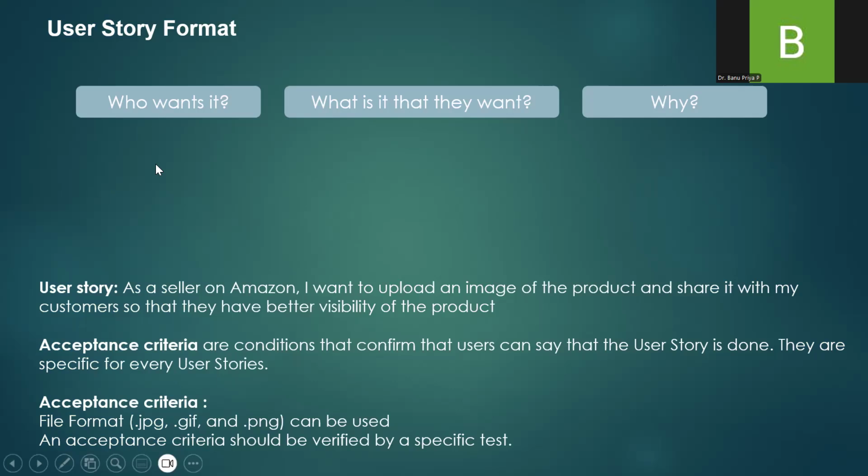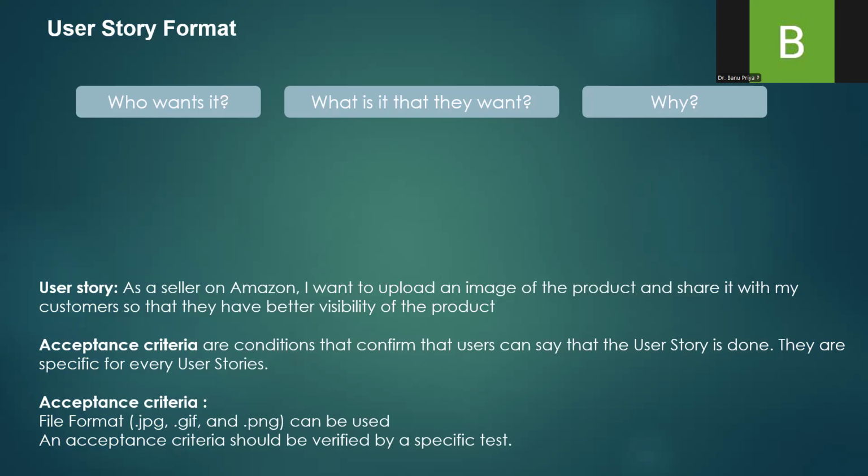Always a user story should have these three things. So who wants it? As a seller on Amazon wants it. I want to. What is it that he wants? He wants to upload an image of the product. Why does he want it? So that they can have a better visibility of the product. Your user story should have all these three parts in it. Who wants it? What is it that they want? Why do they want it? That is why, as a user, I want to, so that.